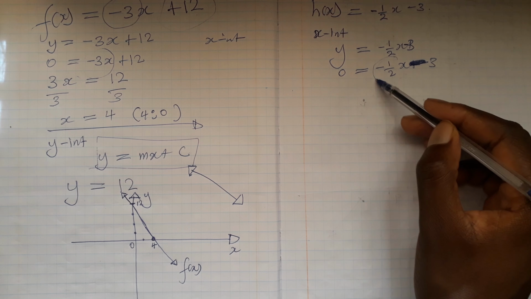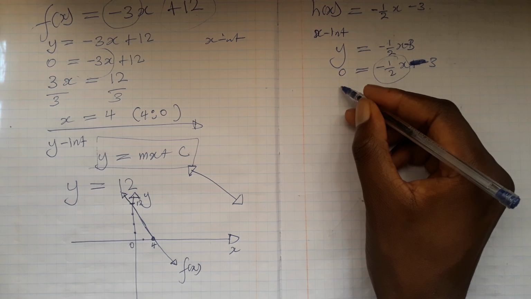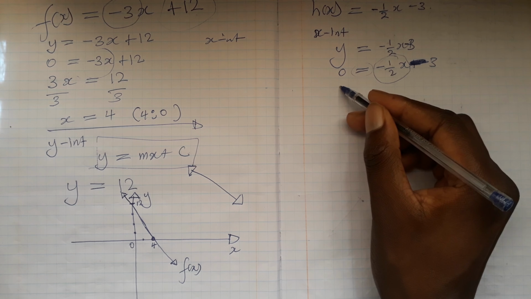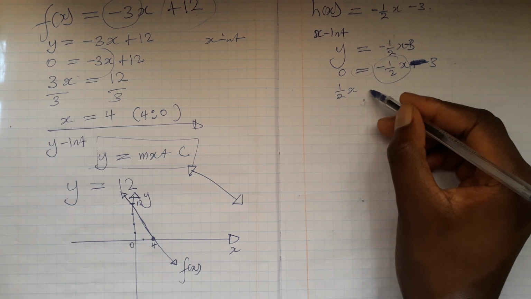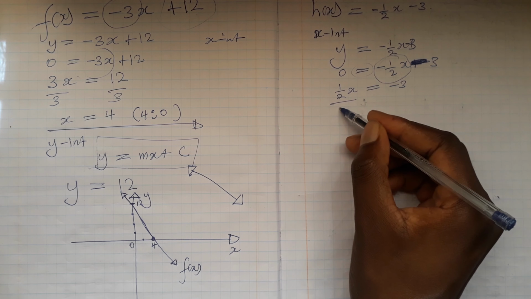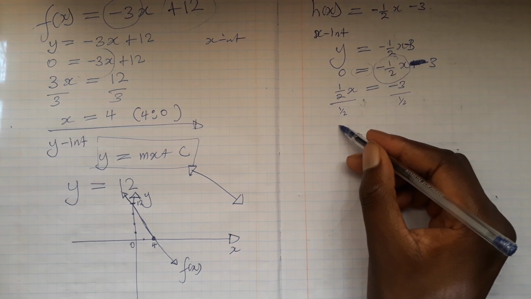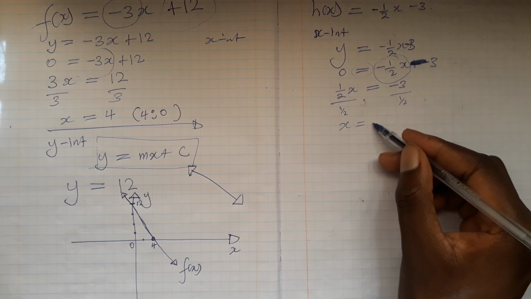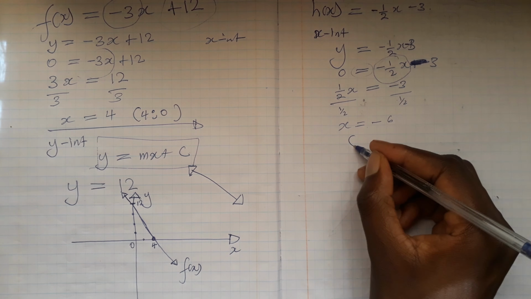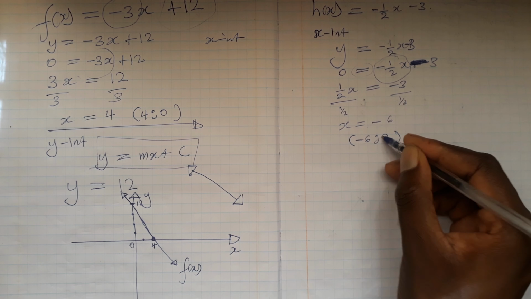We are going to take -1/2 x to the other side, which is going to be positive because it's going to jump here. So it's 1/2 x equals -3. Then we divide both sides by 1/2. x is going to be -6. So the coordinates of the x-intercept are -6 and 0.